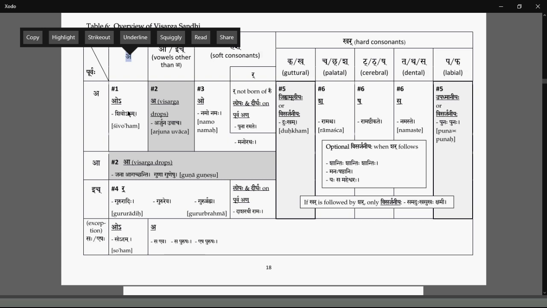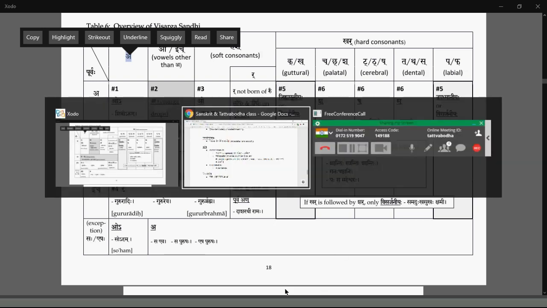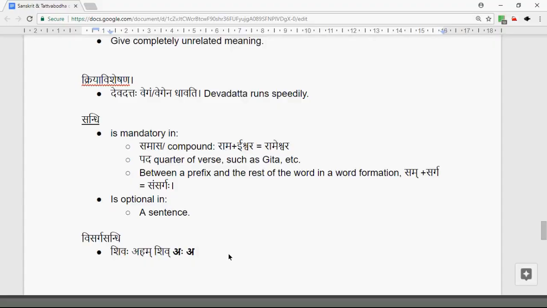Then what happens to this visarga? This visarga becomes o. It's a longer rule, but what you see is Shivaha aham becomes Shivoham.